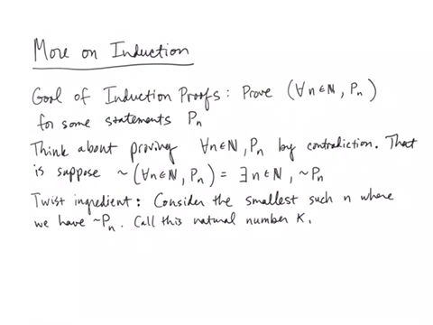Then it must be that P sub k is false, because we have not P sub k, and P sub k minus 1 is true.